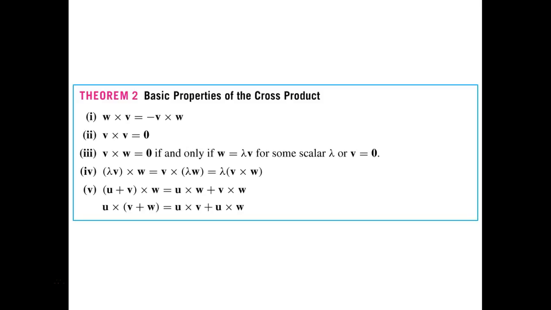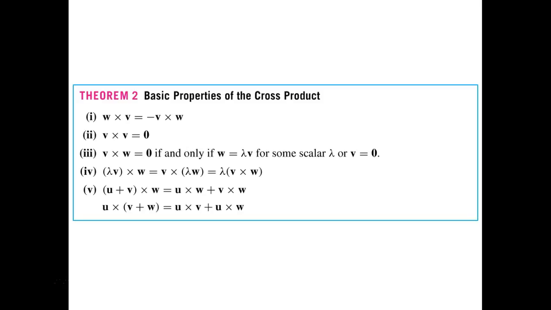If you multiply a scalar by a given vector, cross it with W, that's the same as V crossed with that same scalar times W, which both of these produce the scalar times the cross product. But the order of the cross product must be the same, but you can pull the scalar out. You can pull it out here, pull it out here, pull it out here. It doesn't matter. It's the same. So this scalar just crosses 1.